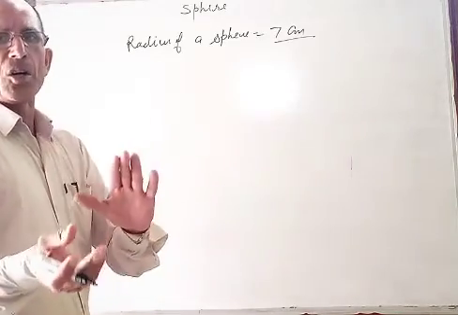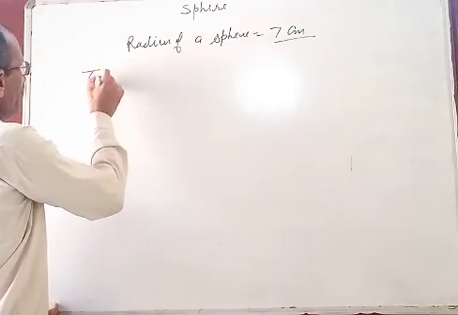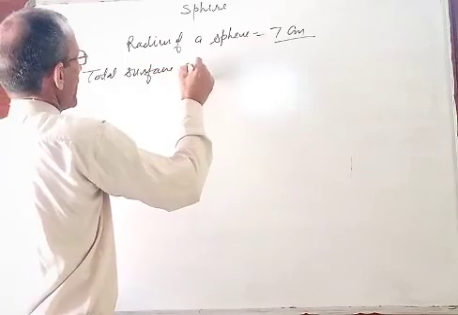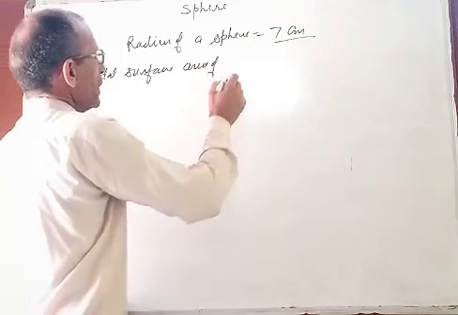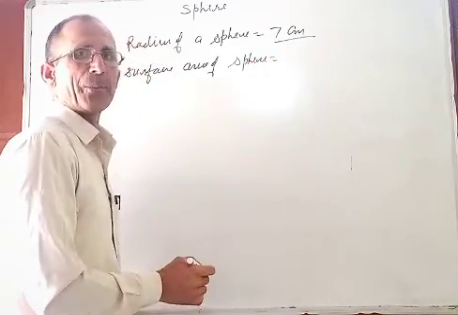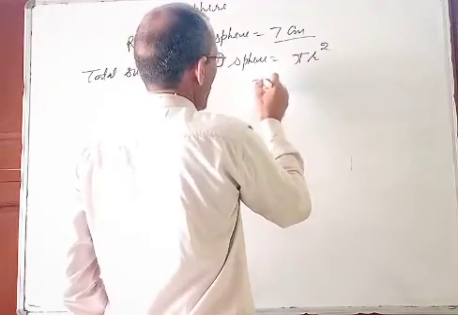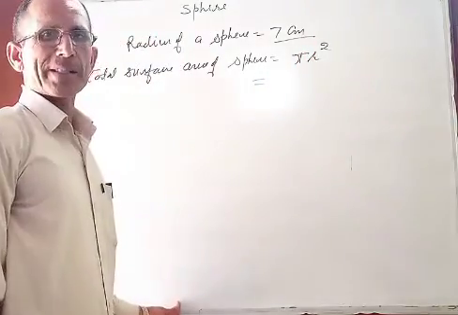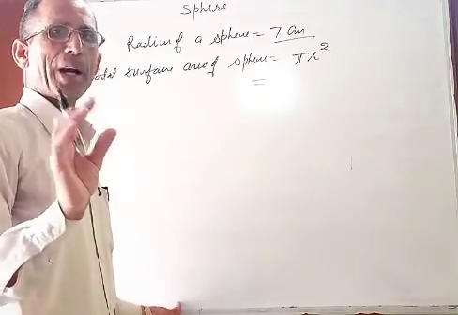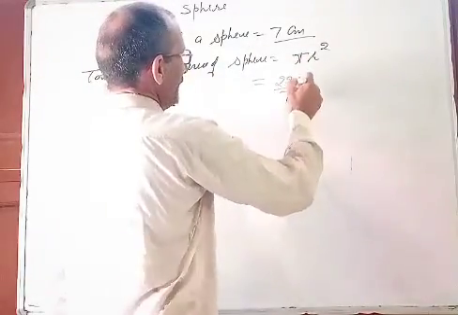So the total area or curved area will be the same for a sphere. What is the formula? 4 pi r square. If the value of pi is given, then you have to take that value. Otherwise, you already know the value of pi is 22 by 7.